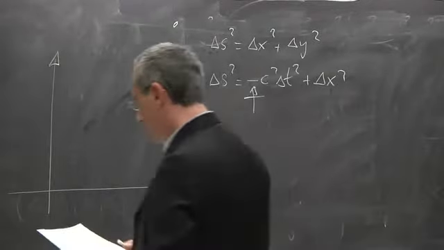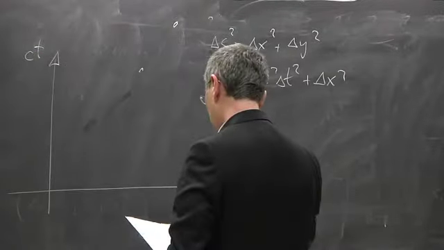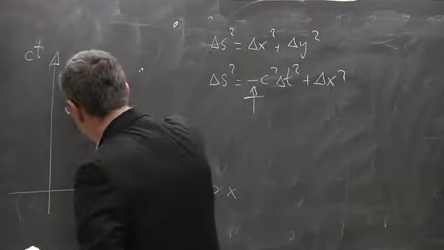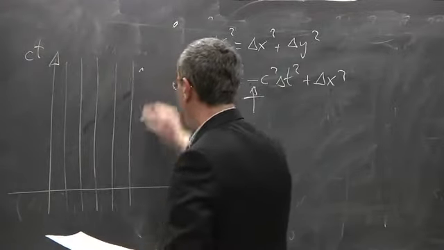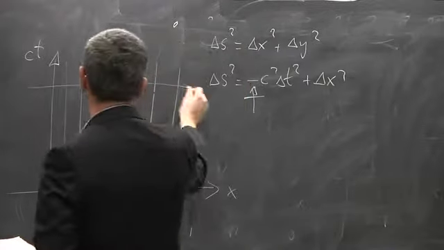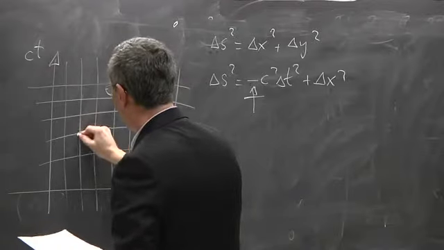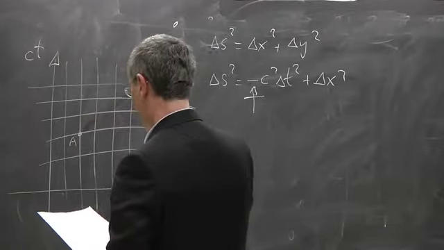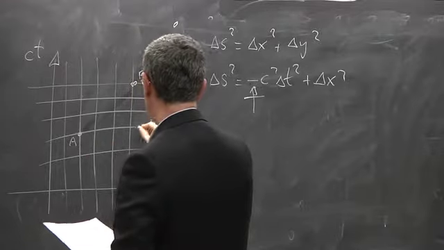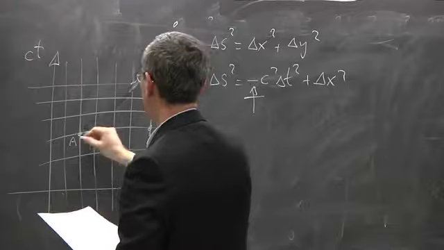Here you have ct, or x naught, as we introduced it, and here you have x. And you have all these lines. This is the measure of this distance. And then you have points, say A, and B and C.